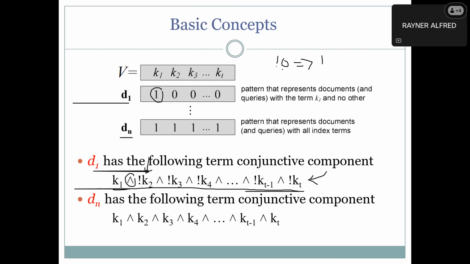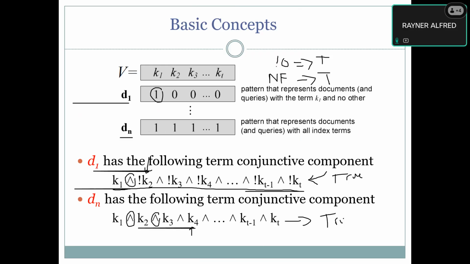Not false is true, so this expression will become true. Similar to dn, we use the and operator also. Since all of them are 1, you do not have to take the complement, so this one will become 2.